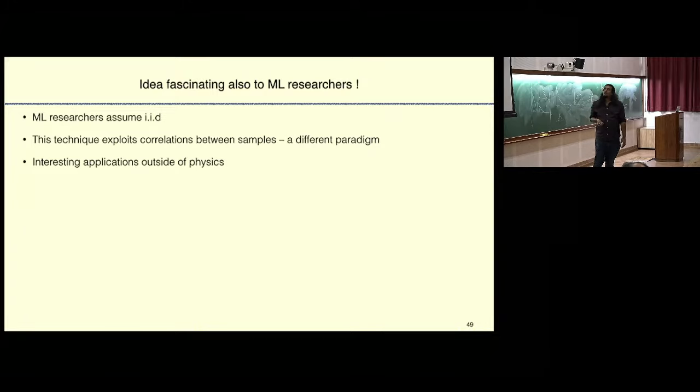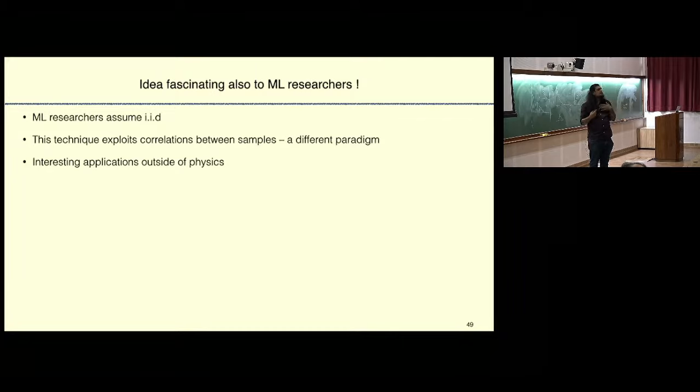Okay. An interesting thing is that when we put out these results, some of the machine learning researchers we talked to found this quite interesting, because from the way they do their studies, they assume all samples are IID, right? So there's no information you can get from correlations between two events. Two events are always independent.